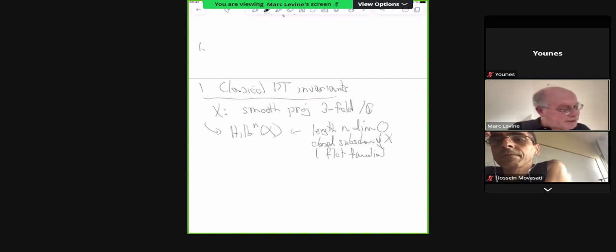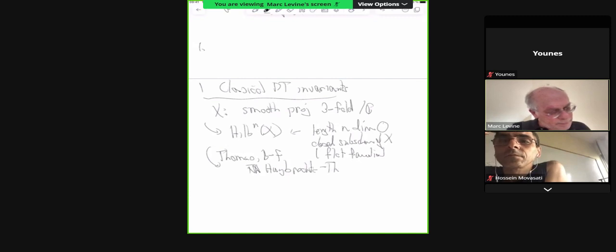Okay, so that's a fairly large scheme. It may have many components. It may be rather complicated, but in any case, you can associate to this, from work of Thomas, and then Behrend-Fantechi, and also Huybrechts and Thomas, let me get it in the right order, they associate to the Hilbert scheme.